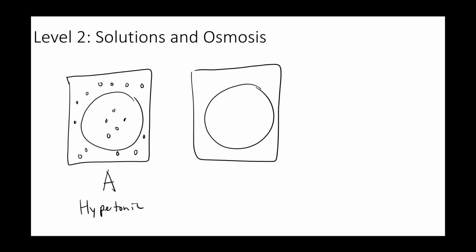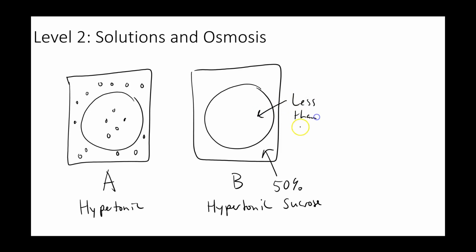So to quantify it a little more, an example of a hypertonic solution surrounding a cell would be to say that this cell is 50%, say, sucrose. To be surrounded by a hypertonic solution, the inside of the cell has to be less than 50.